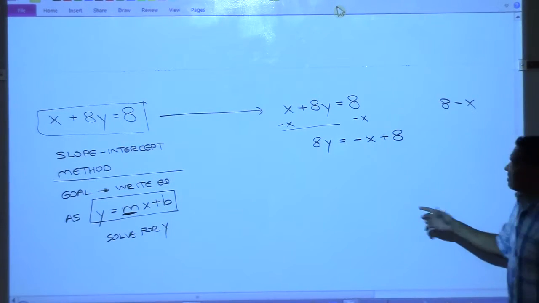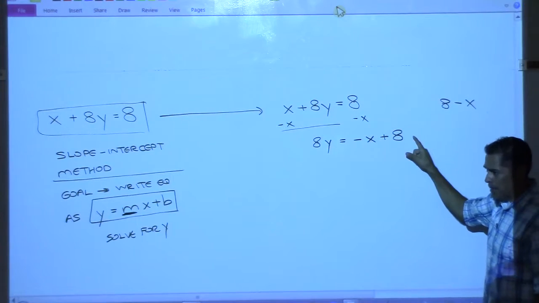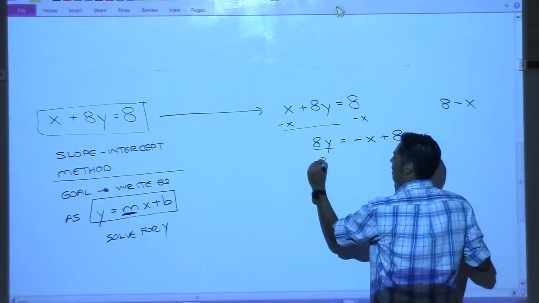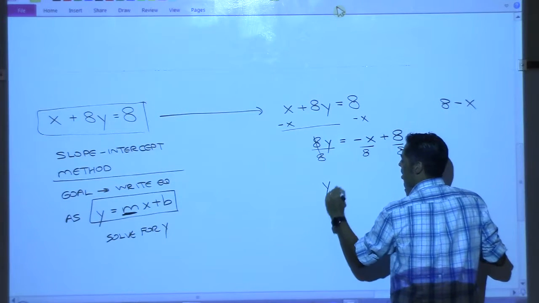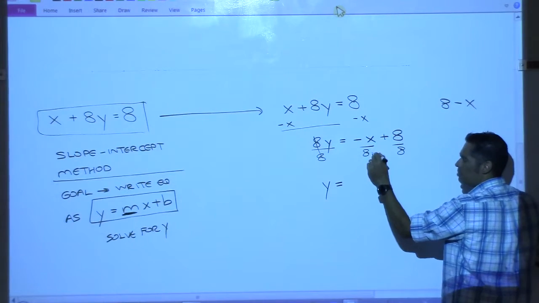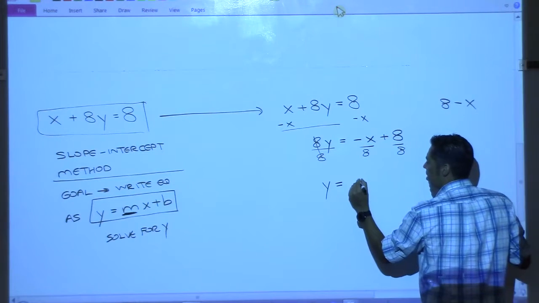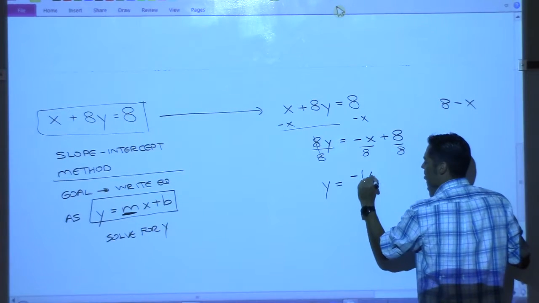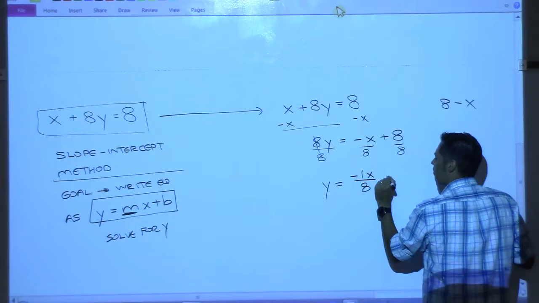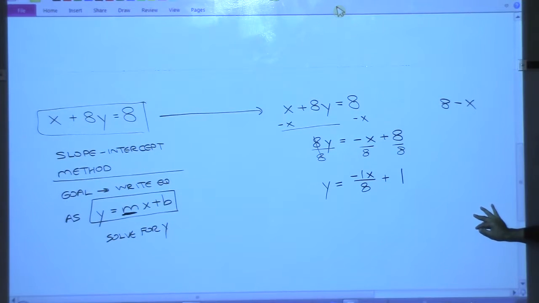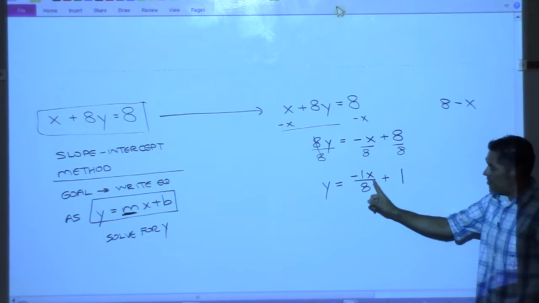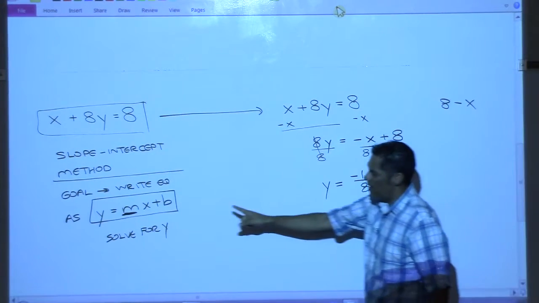So how do we get just y? Divide by 8. And that means we divide this by 8, this by 8, and this by 8. So if I divide by 8 here, divide by 8 here, divide by 8 here, I get y equals, now this right here is a little bit tricky. Let me write it this way first, the same as this. Right? And 8 over 8 is 1. Now when we write this it is correct to write it that way, but we want it to look like this.